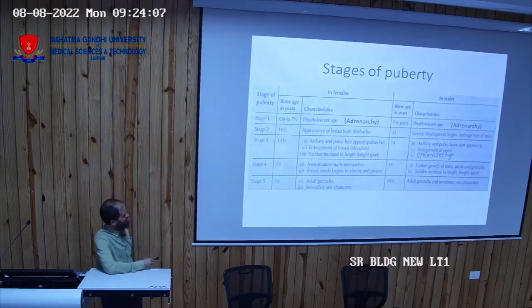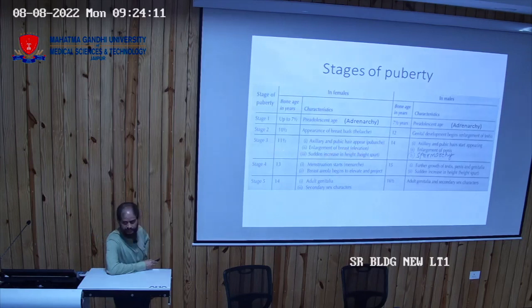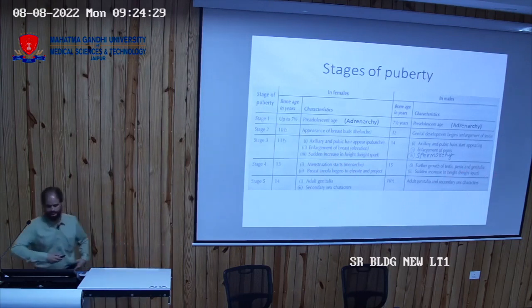Stage 3, pubarche and height spurt in girls, but in males it is spermarche. And stage 4, in case of female it is menarche, and here it is height spurt. And both reach the adult pattern.